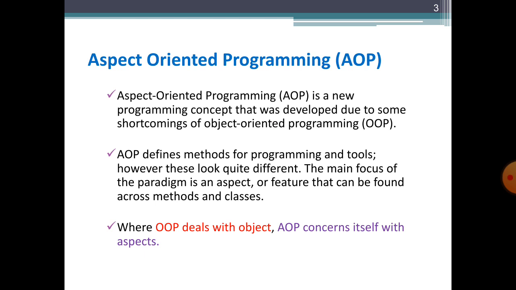So, in short, object oriented programming deals with objects, while aspect oriented programming is mainly concerned with aspects. And what is an aspect? Any particular part or feature of something we call an aspect.